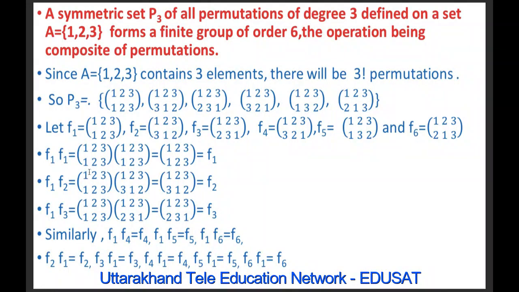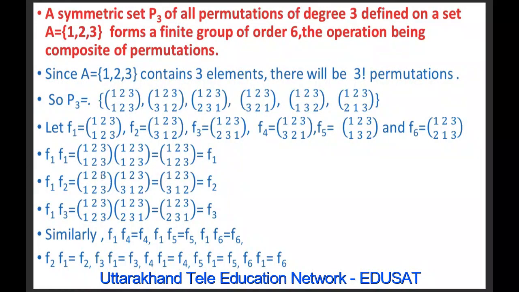The image of 1 is 1 in F1, so we locate 1 in F2. The image of 1 in F2 is 3. So we have written 1 under 3.